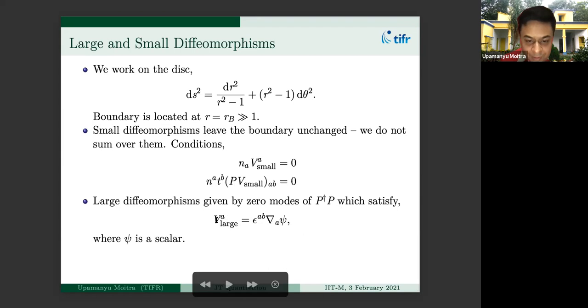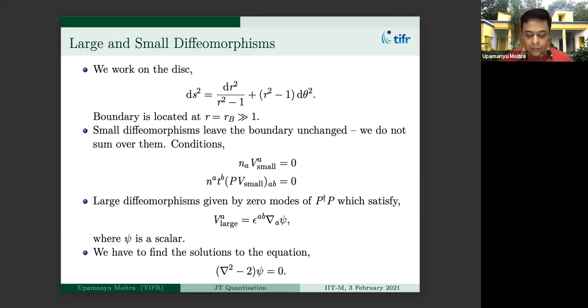When you put this V^a large into P dagger P and set it to 0, the equation to solve is grad squared minus 2 of psi equals 0. You have to solve this equation and then evaluate the V^a large from here and evaluate the metric perturbations from the large diffeomorphisms and so on.